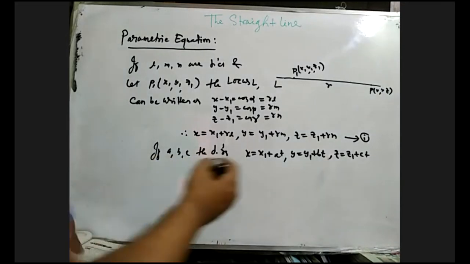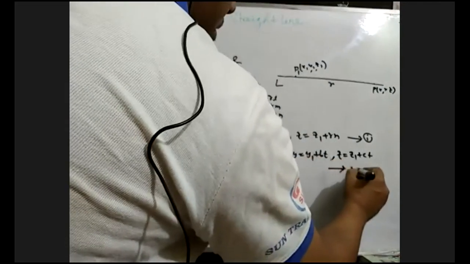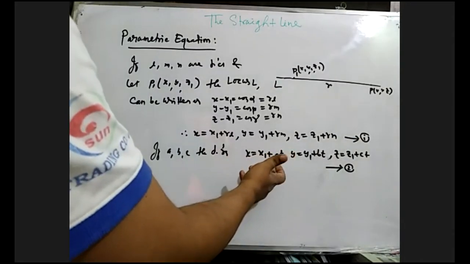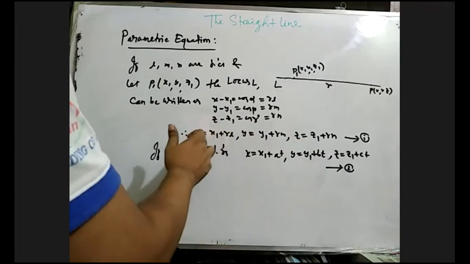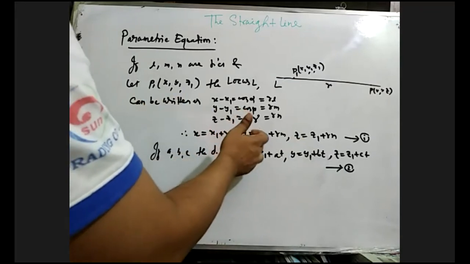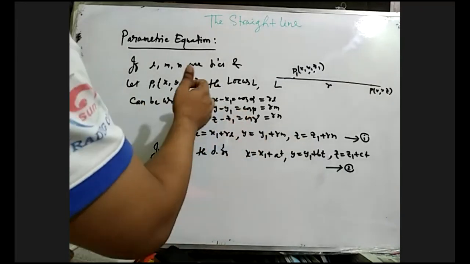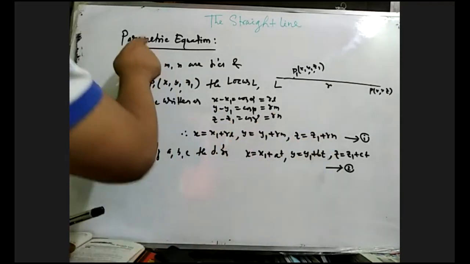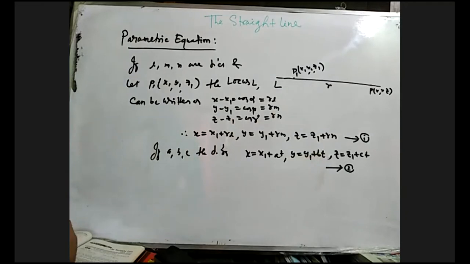So this is another form of equation in three-dimensional geometry. We can represent it in terms of directional cosines and directional ratios. These equations 1 and 2 are actually the parametric equations.